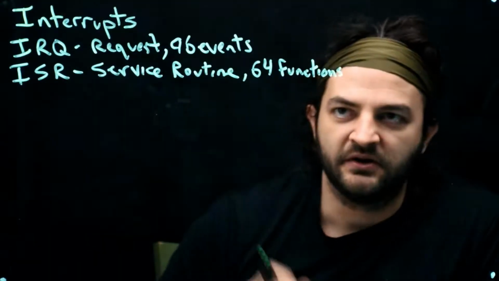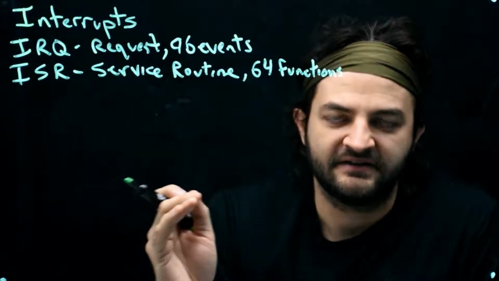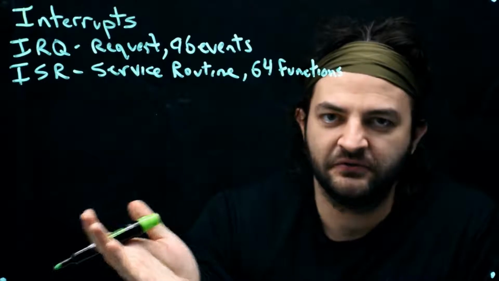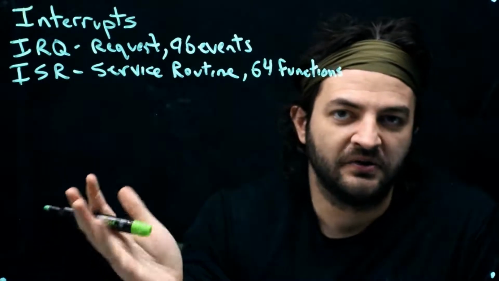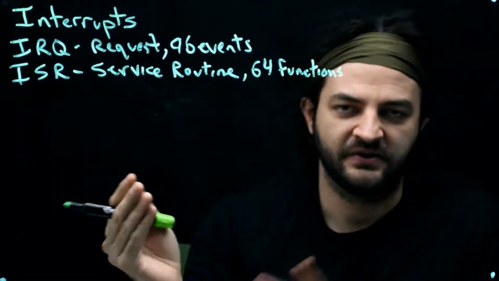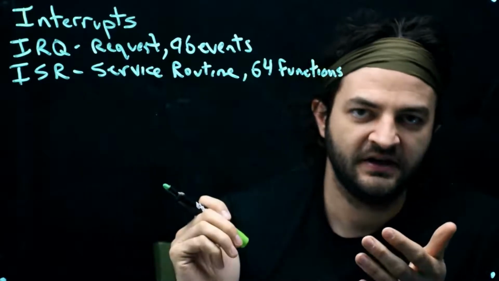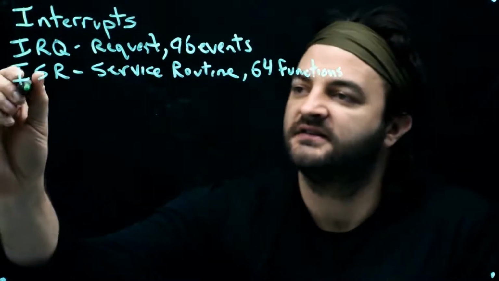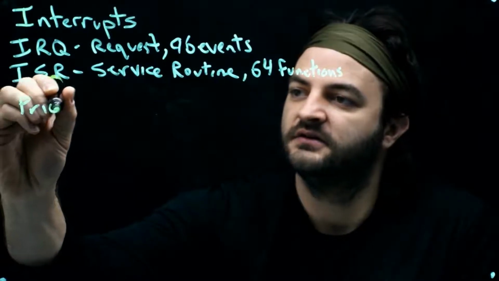You might have a question: if there's 96 different events that could generate an interrupt and we turned all of them on, what happens if 2 of them happen at the same time, or one has happened and then another one happens? Do interrupts interrupt each other? Do they queue? Does it throw them away? That is the issue of priority.